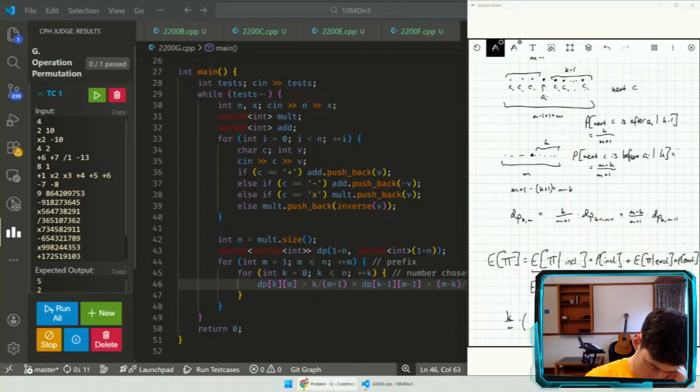It's k in m times the expected. So k in m of the time, it's just this value times the expected product of the rest. And then I also need m minus k in m, if I don't choose it, because the probability of choosing this guy is k in m, because I'm choosing k out of m values.